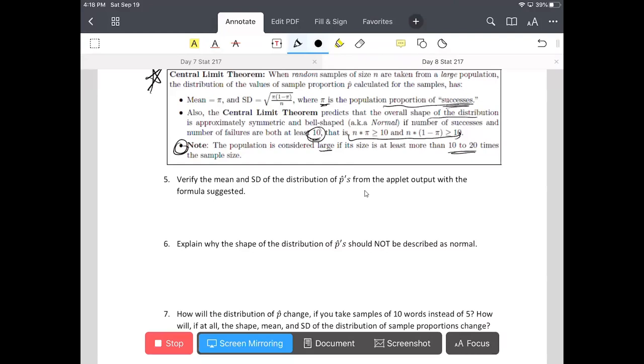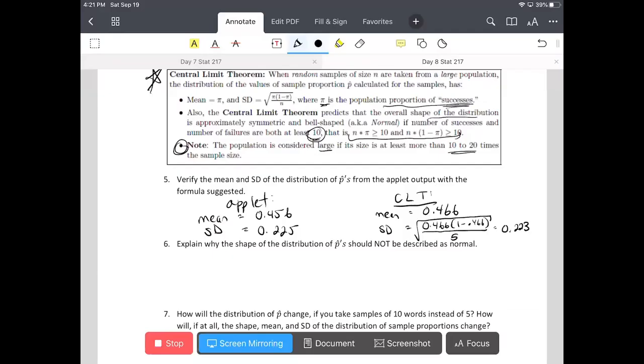So now we're just going to do what we did before. We're going to do some comparisons. I suggest you take a moment, pause the video, and try this yourself. So I recorded it by applet and by what the central limit theorem would tell us. The mean from the applet was 0.456. You can go back and look at that on the graph.